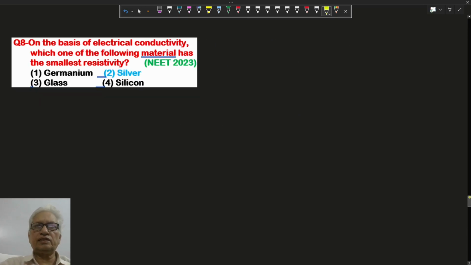Here, on the basis of electrical conductivity, the material having the smallest resistivity has maximum conductivity, so the best material here is silver. So maximum conductivity and minimum resistivity, the answer here is silver.